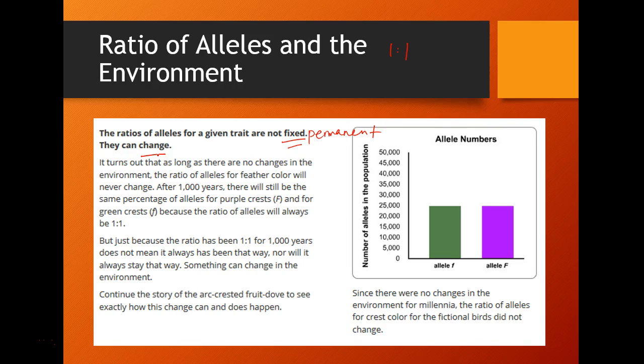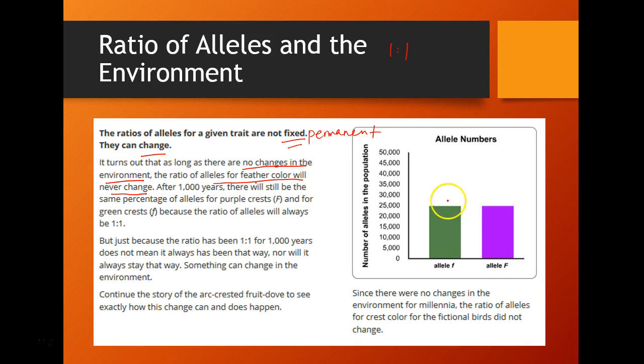It turns out that as long as there are no changes in the environment, the ratio of alleles for feather colors will never change. So again, if there are no changes in the environment, the alleles for the feather color will never change. So obviously the only way for the ratio of alleles to change is for there to be some sort of change in the environment.